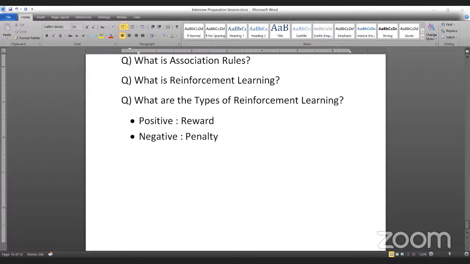We want the learning agent to avoid such events in the future. So the learning agent learns from this and tries to avoid this kind of event from occurring in the future.